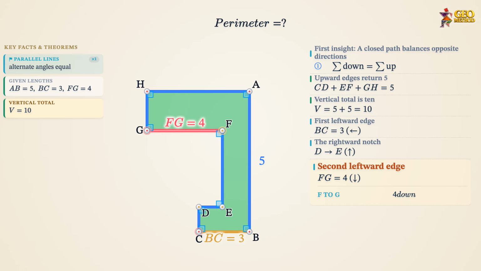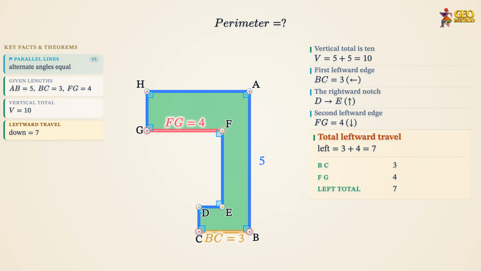Continue around. In the left middle, the edge from F to G runs left by 4 units. Checking the rest of the boundary, that is the second and last edge that points left. Only the 3 and the 4 point left. So the total leftward travel is 3 plus 4, which is 7. Keep that number in mind for the closure step.